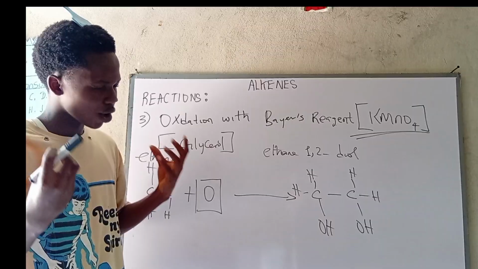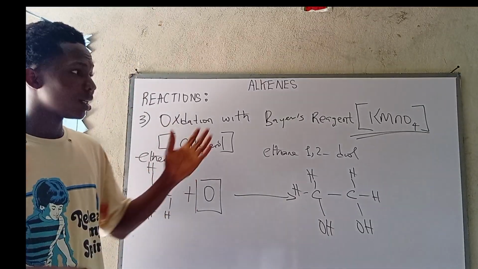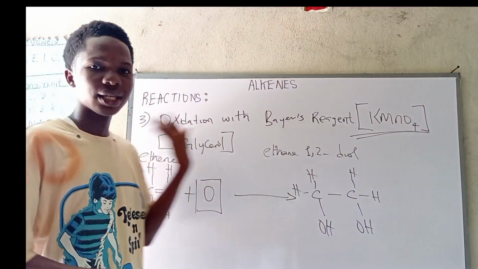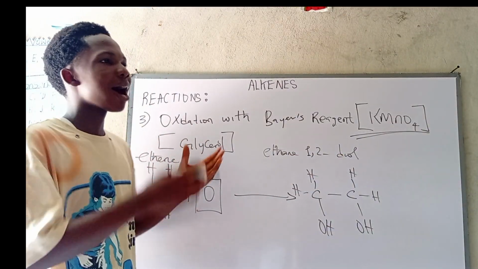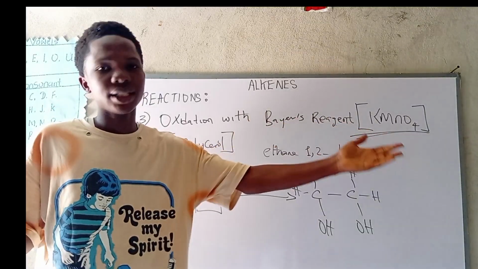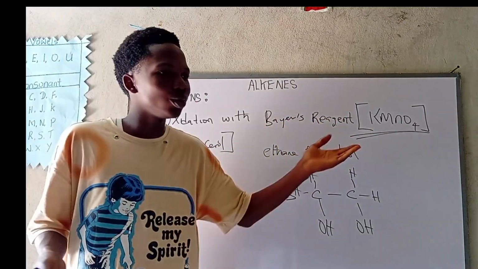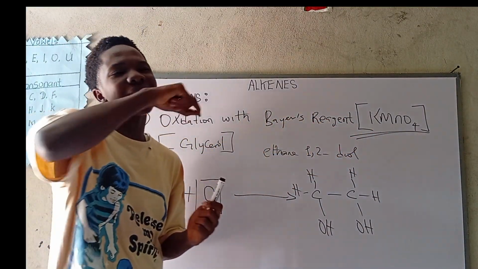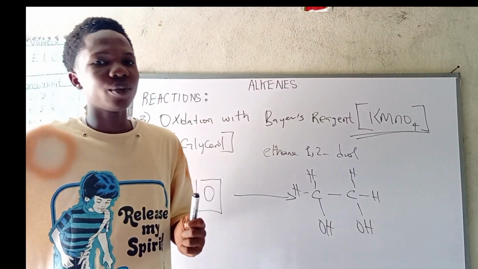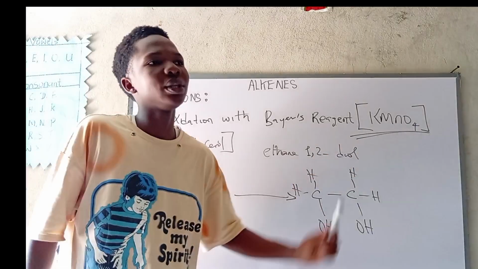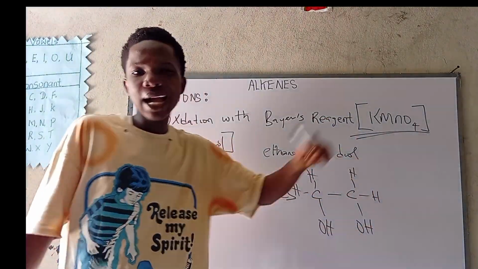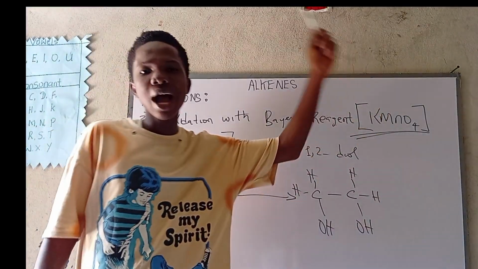So what do we automatically mean by this? We mean that there's no reaction between Bayer's reagent and alkanes. Alkenes and alkynes do react with Bayer's reagent. Bayer's reagent is used to test for the degree of saturation of unsaturated hydrocarbons, which means it is used to test how unsaturated alkenes and alkynes are compared to alkanes.